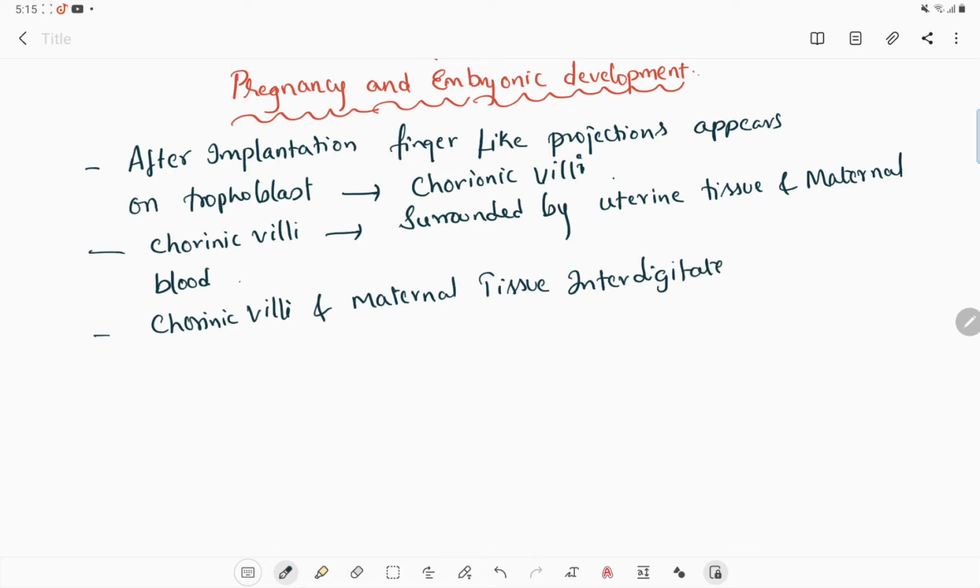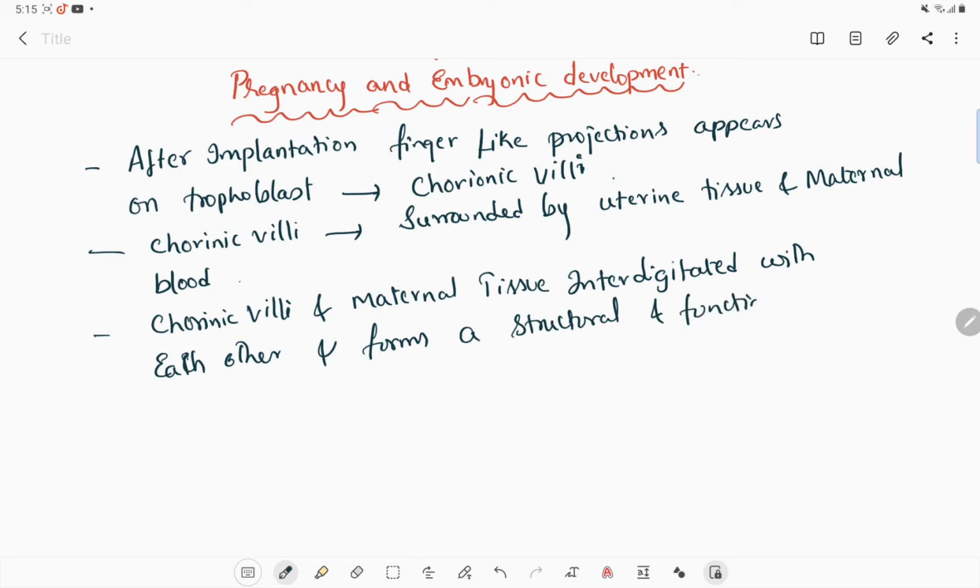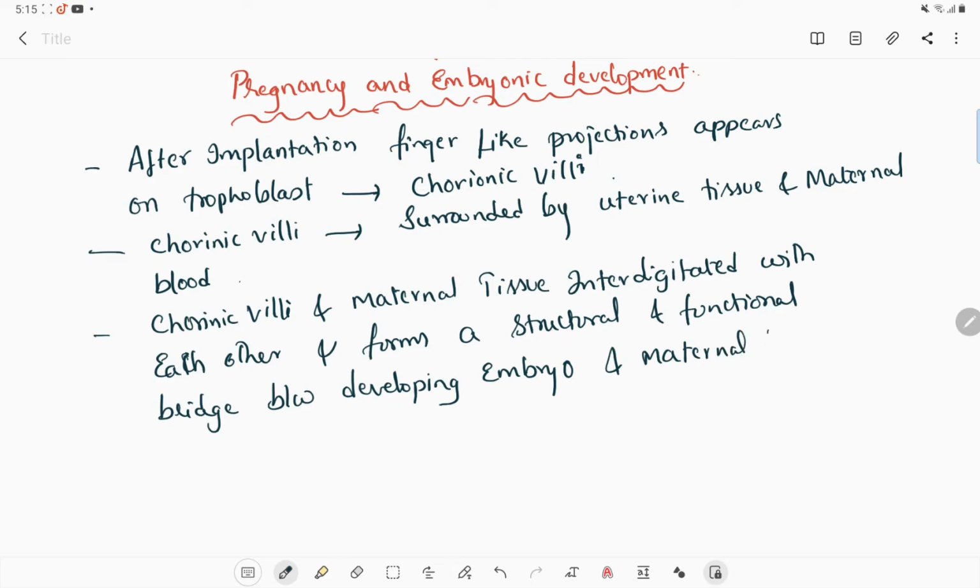That means they are combining with each other and form a structural and functional bridge between the developing embryo and the maternal body, or mother, called the placenta.